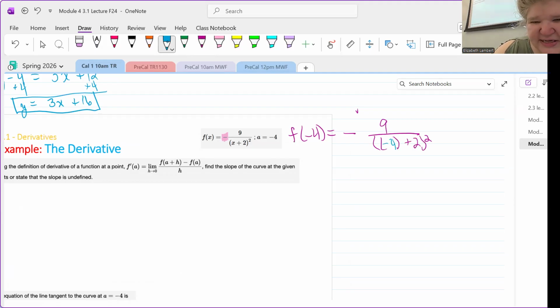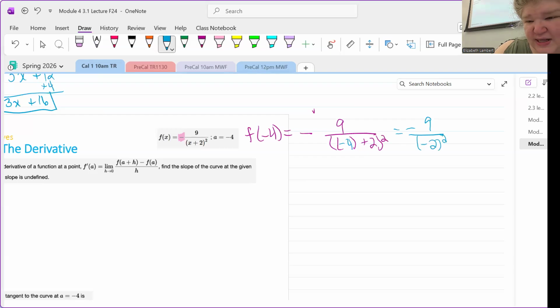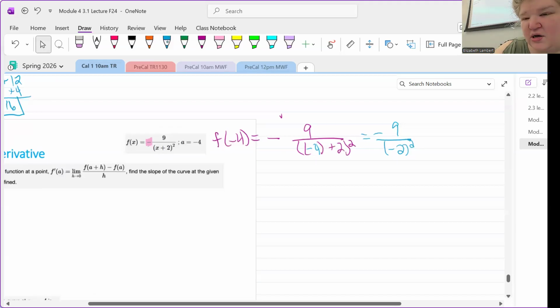All right, so I plugged in -4 in place of the x. So -4 plus 2 is -2. So that is -2 in parentheses squared, which is 4.